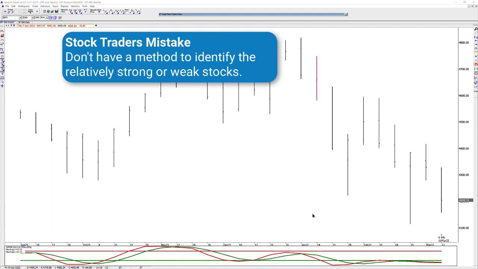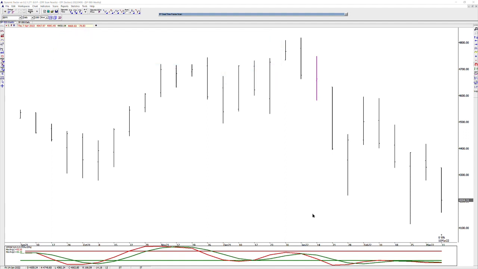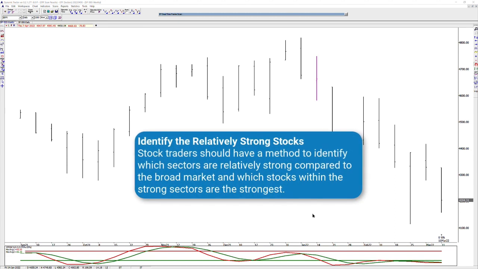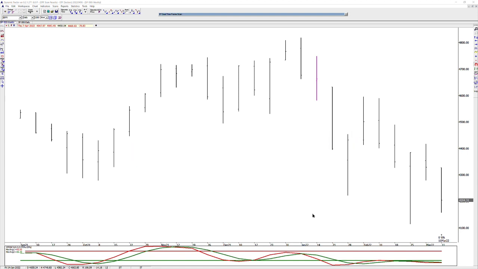You want to buy a stock that's relatively strong compared with its sector and compared with the general market. And if it's been relatively strong fairly recently anyway, then more than likely it's going to continue relatively strong and outperform other stocks and other sectors. Focus on those that are relatively strong.